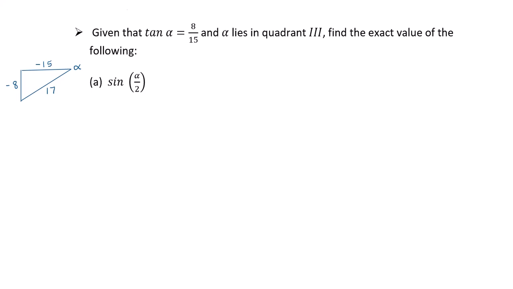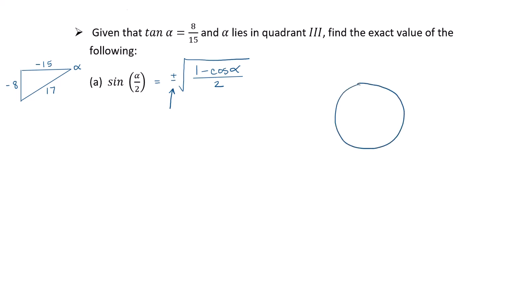So I'm going to go ahead and use the formula plus or minus square root of (1 minus cosine alpha) over 2. Now I need to decide here if this is going to be a plus or a minus.